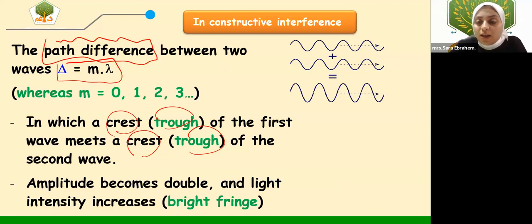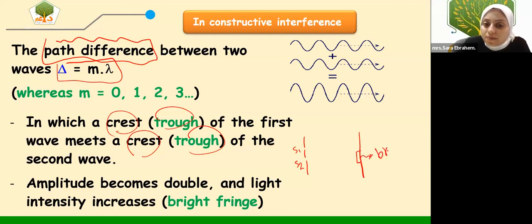Look, that's slit 1 and slit 2, and this is the screen. The center fringe is always bright.